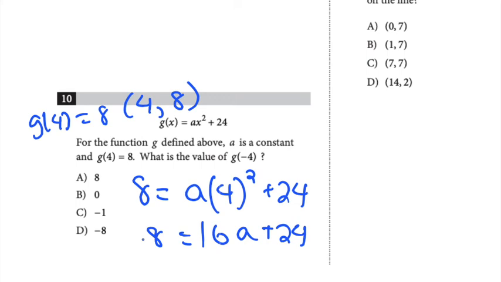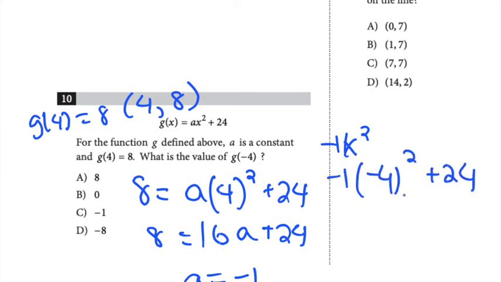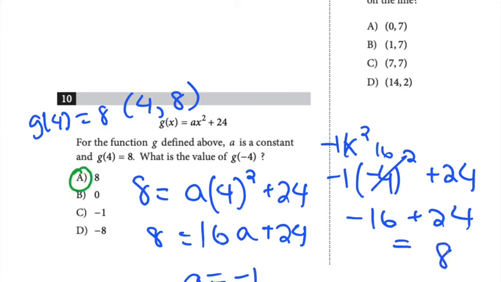And from this, we would get that a's value is -1, and then we just plug it back in, so we'll have -1 x squared, and we are given x as -4, so -1 times -4 squared plus 24, that gives us 16 here, so -16 plus 24, and that gives us answer choice A.